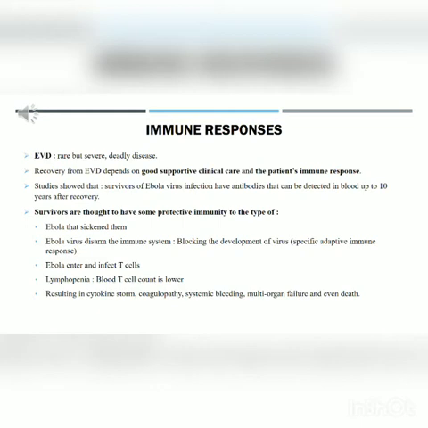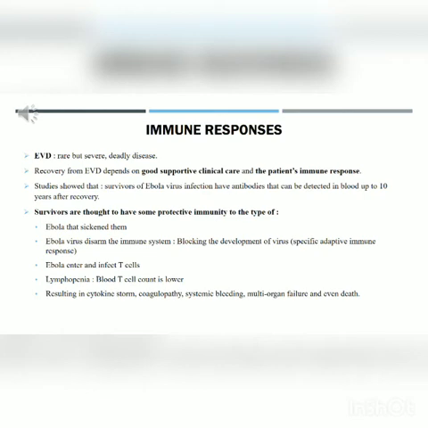Lymphopenia is when the white blood T cell count in the bloodstream is lower than normal. The extent of lymphopenia is one of the strongest indicators of how severe the Ebola infection will become. However, despite being a deadly disease, recovery can be achieved depending on good supportive clinical care and the patient's immune response.